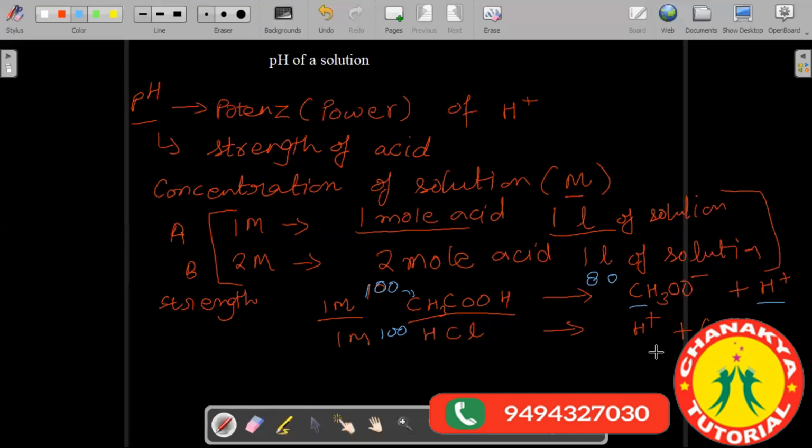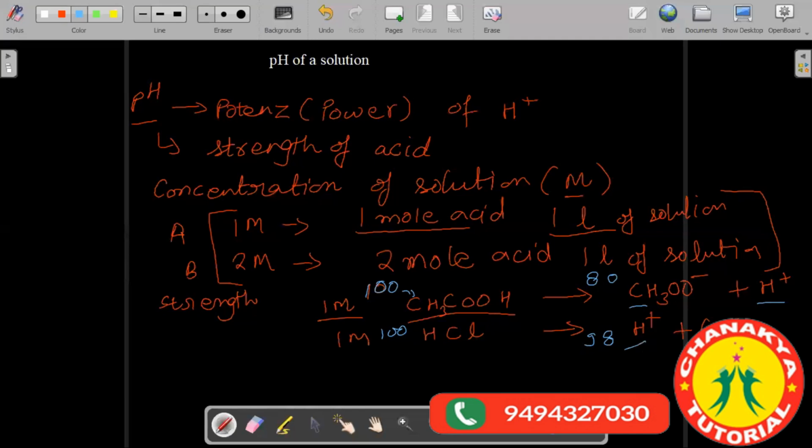But for HCl, the number may be 98. Out of 100, maybe 98 molecules are dissociating to give H plus ion and Cl minus ion. So which one will you consider to be a better acid? 98, yes, since it is providing more H plus ions.